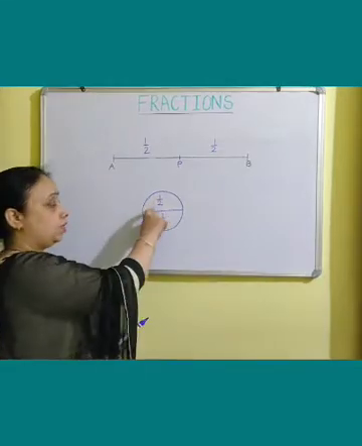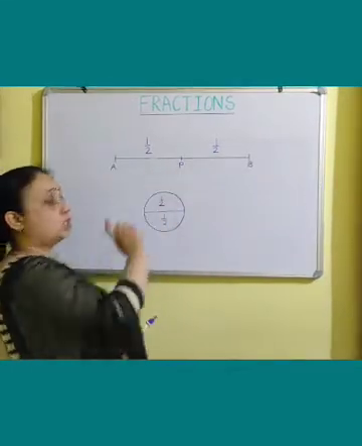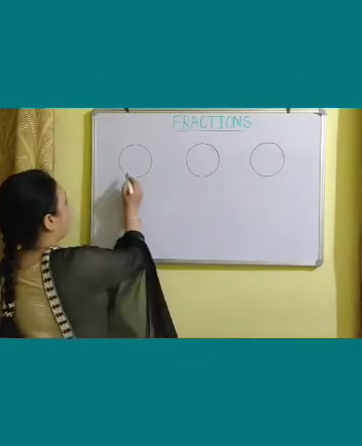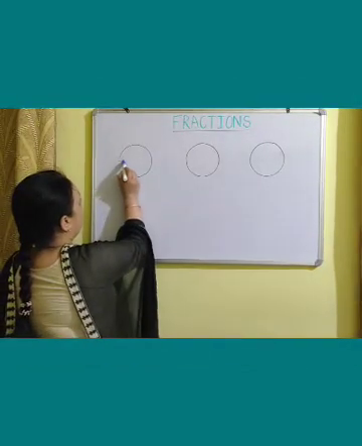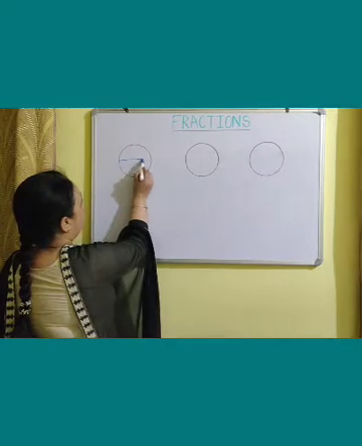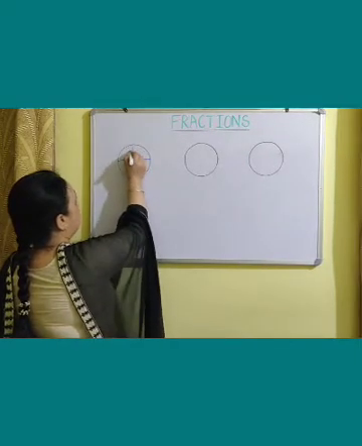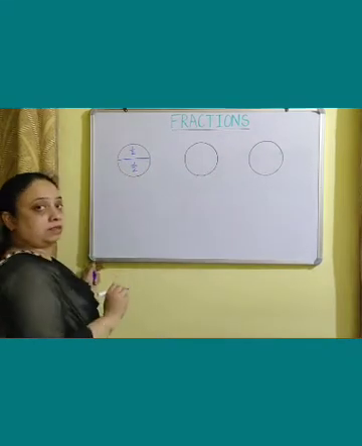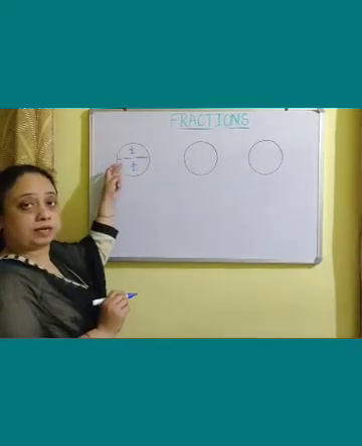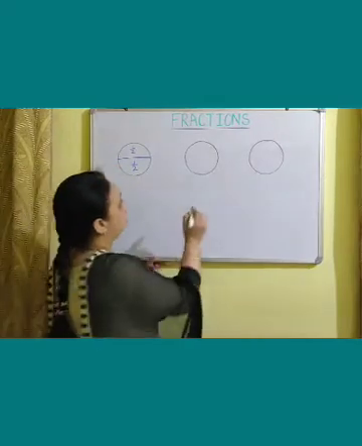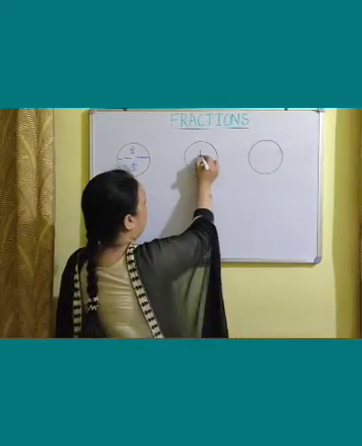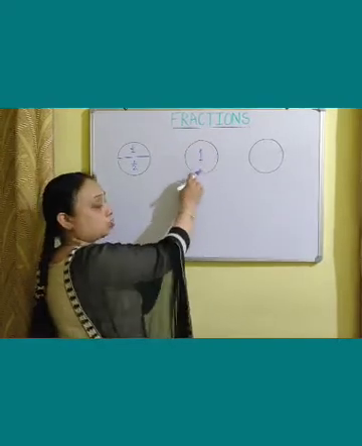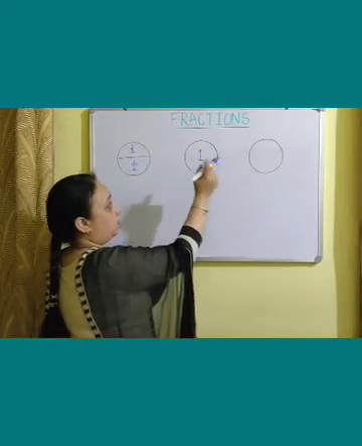But these two divisions should be equal. Now if I divide this into 2 equal parts, this is a half part and this is the other half of it. So these two divisions are equal. But this is what? This is one whole. That is 2 equal parts joined to make a whole.